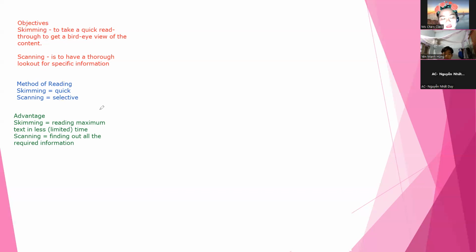Okay? Moving into the last part that makes them different: what do they include? All right, let's move in here. Skimming includes, meaning these are the things that we look into when we are doing the skimming technique.